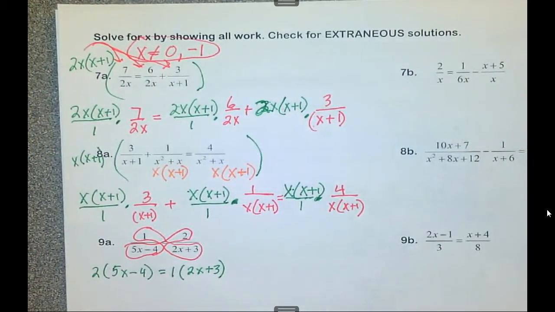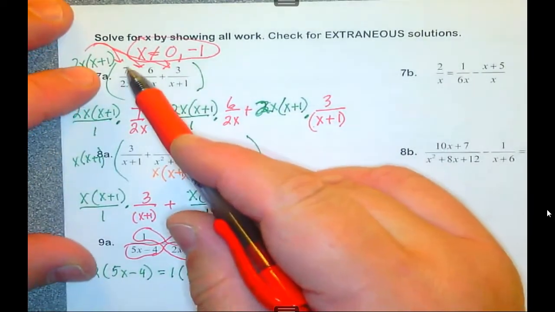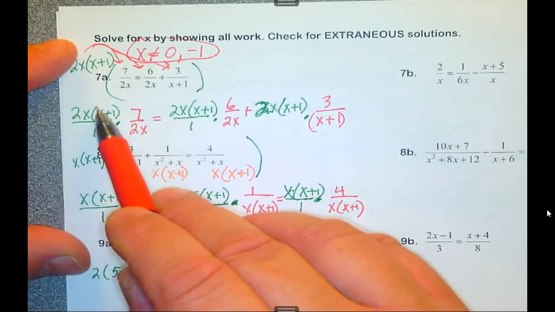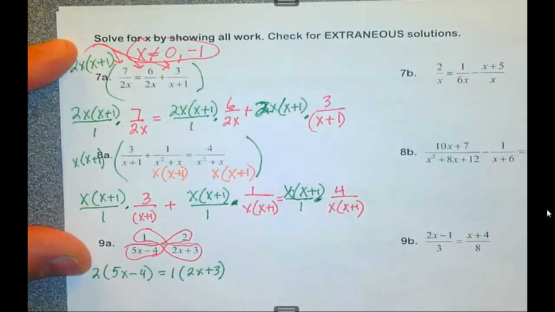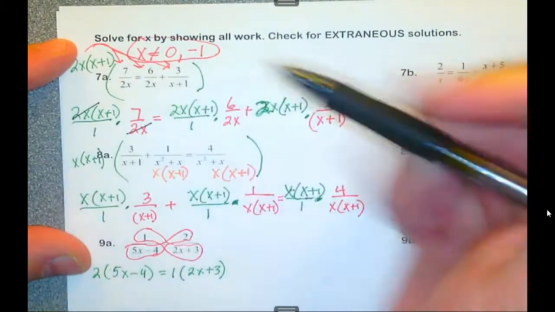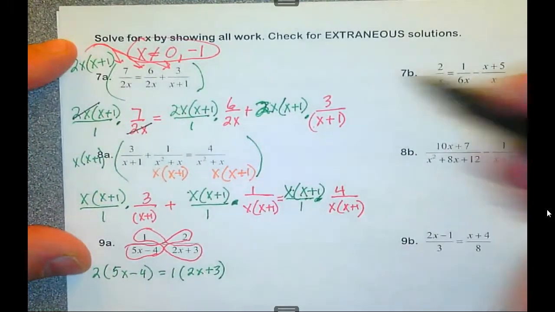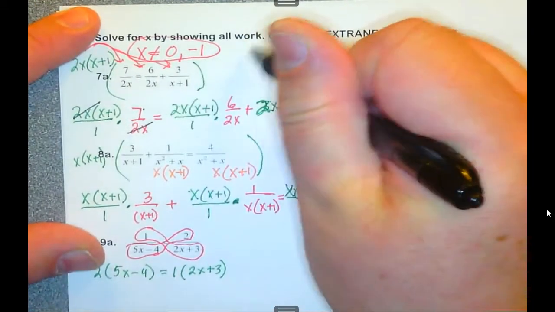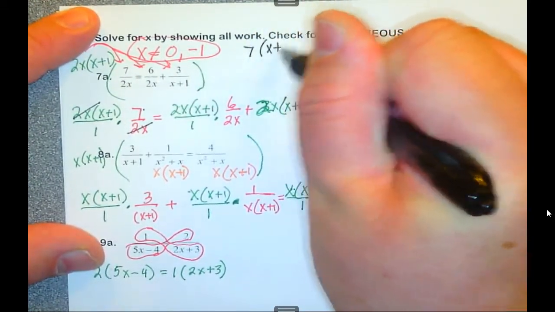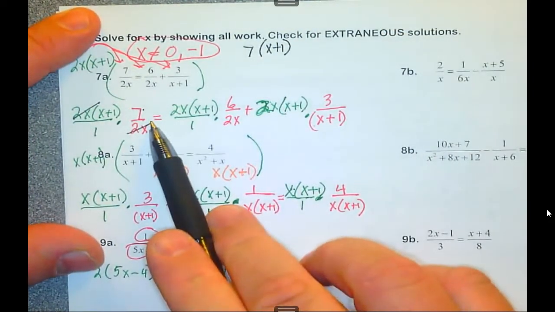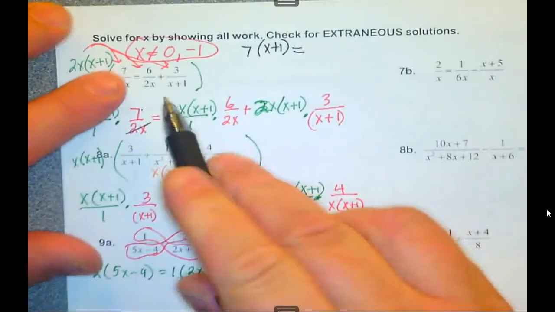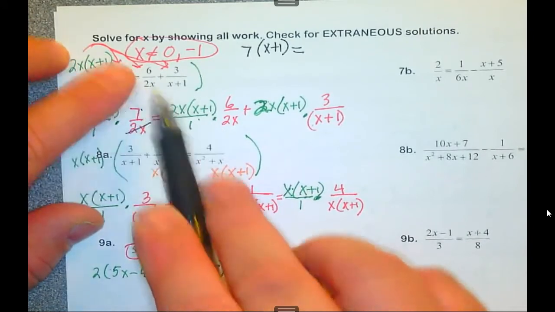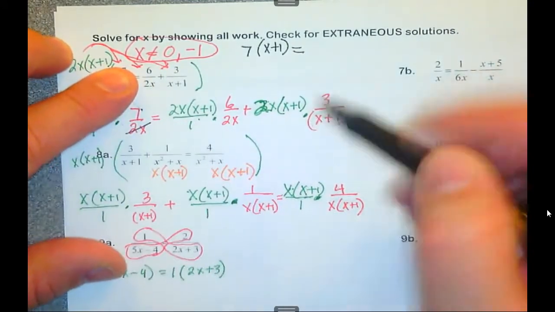make less mistakes. Okay? So my first term, 7 over 2x, I'm going to multiply it by 2x times x plus 1. So my 2x is going to cancel out, and I get 7 times x plus 1. Now, remember, the whole idea here is to get rid of the fractions. So that's 7 times x plus 1 equals, and then I have my common denominator, 2x times x plus 1, times my second term, 6 over 2x.